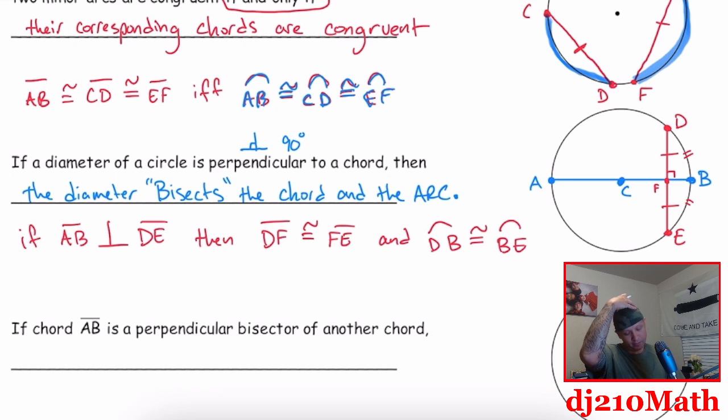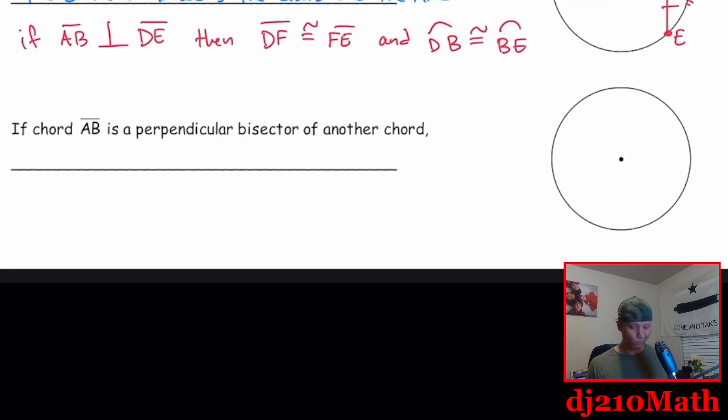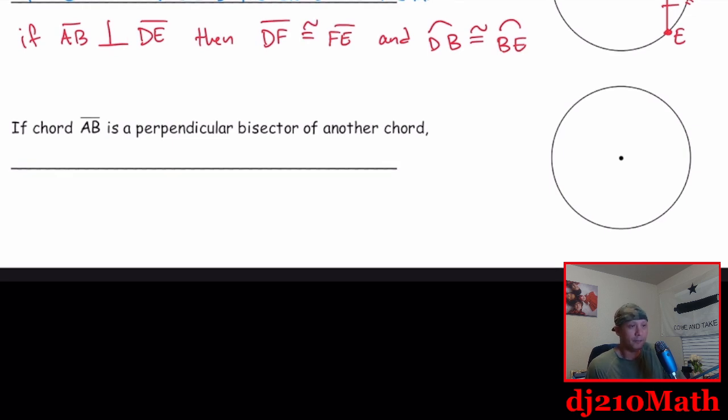As long as that diameter is perpendicular to the chord, it'll bisect the chord and it'll bisect the arc. It's kind of nice.